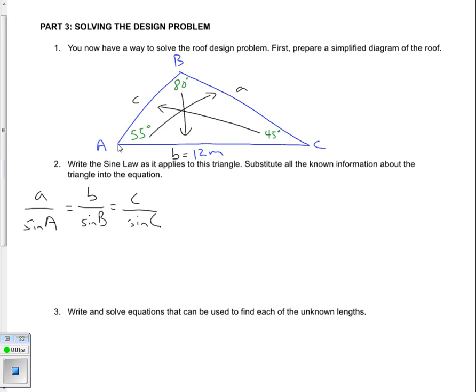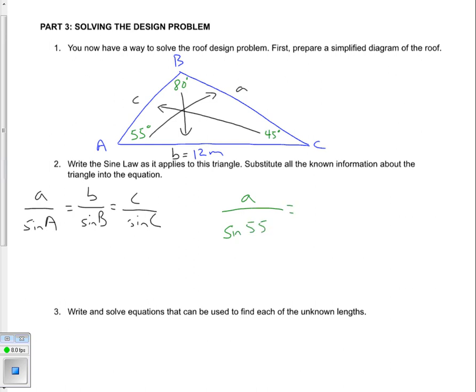In this particular diagram, we have all the information that we need to actually substitute values in. So I'm going to do that now. I'm going to substitute in my values. I don't know the value of side length A, but I know that angle A is 55 degrees, so I've got sine 55.